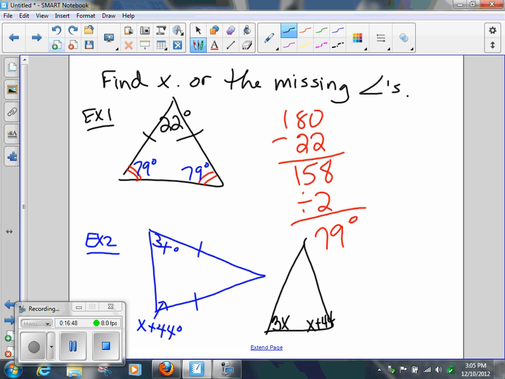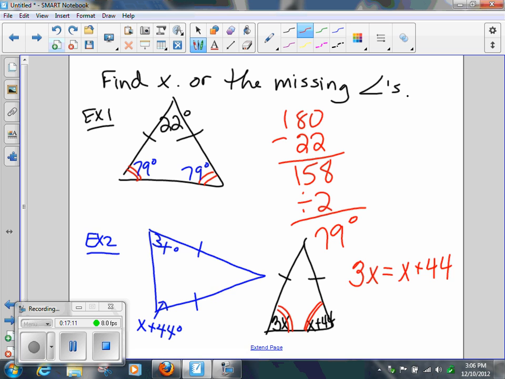Why? Because those 2 sides are congruent. If the 2 opposite sides are congruent, what do you know about the 2 angles? They're congruent, right? So if these are congruent, then can I say that 3x is equal to x plus 44?